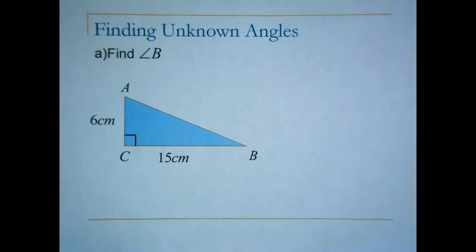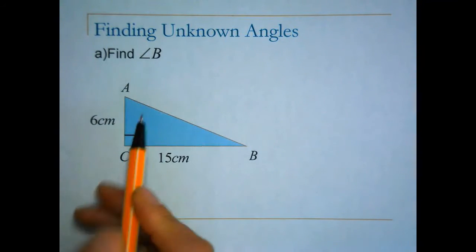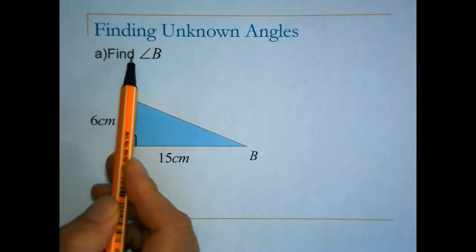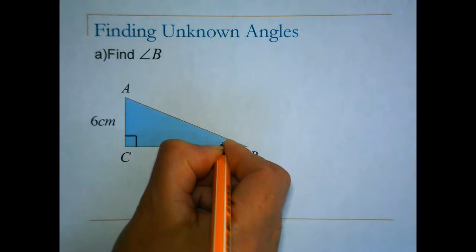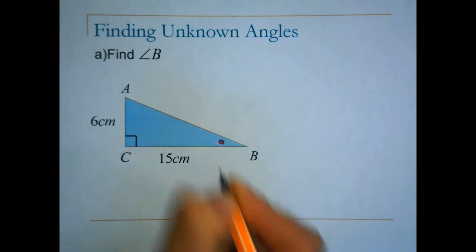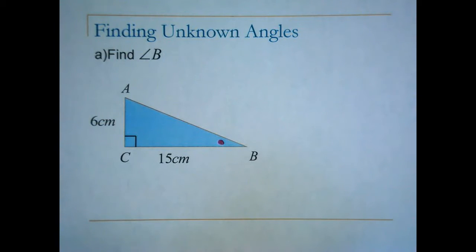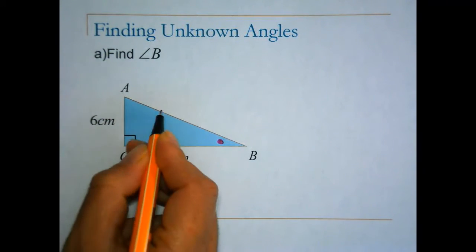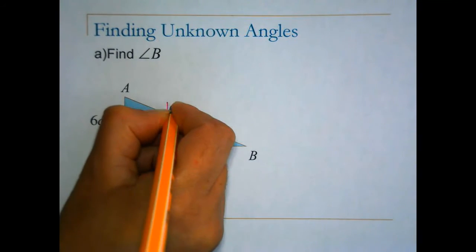So the question has given you a right triangle, and it's asking you to find angle B. So this is the unknown angle. I am going to put a dot here, and then the first step is to label the sides. So this is the right angle, and the side opposite the right angle is always the hypotenuse.